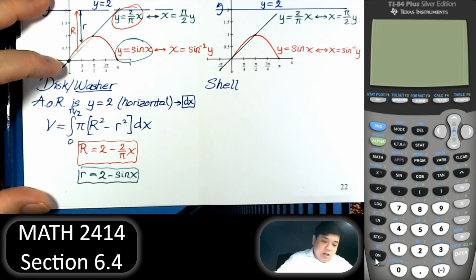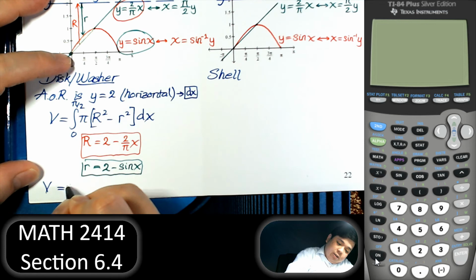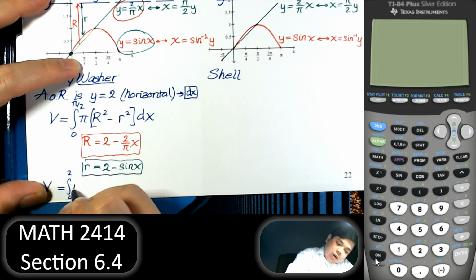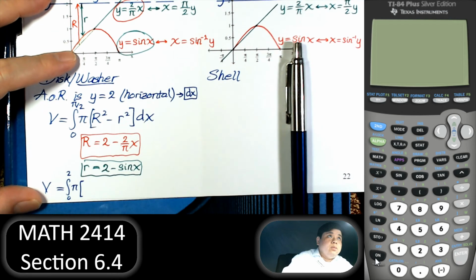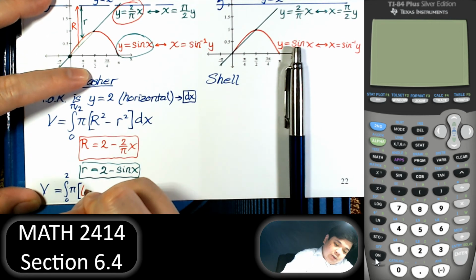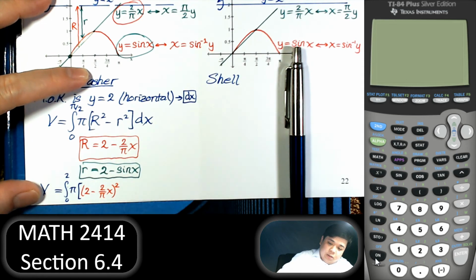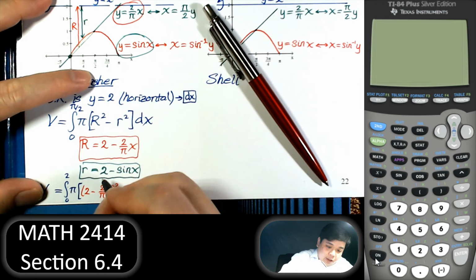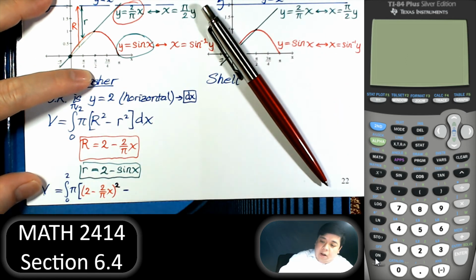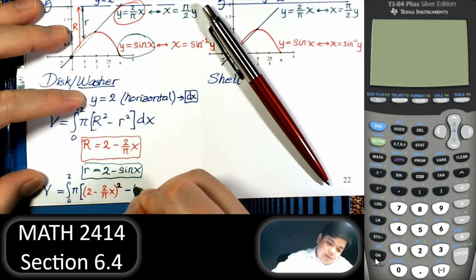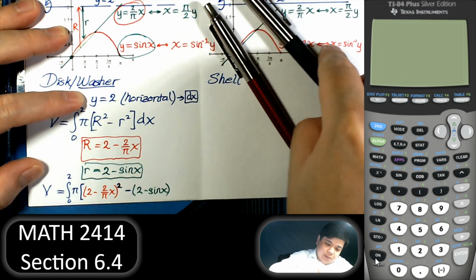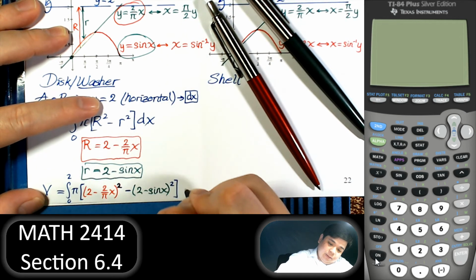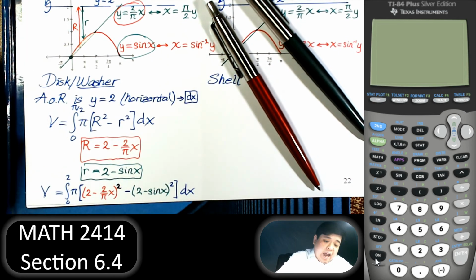Substitute in there, we will have the integral from 0 to 2 pi, big radius minus little radius, and so just like that.